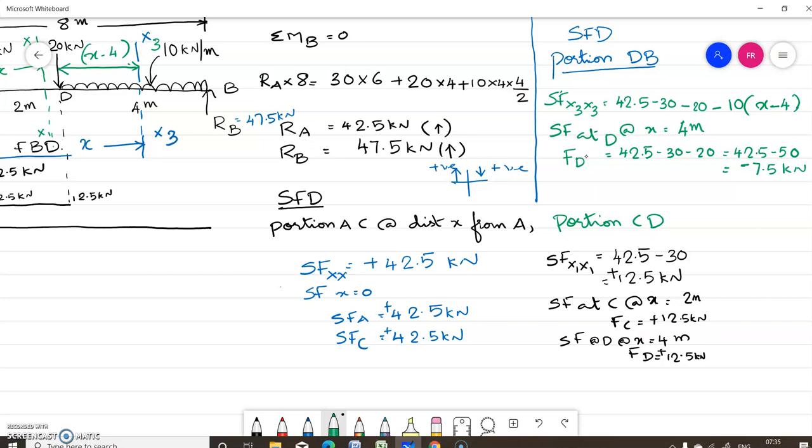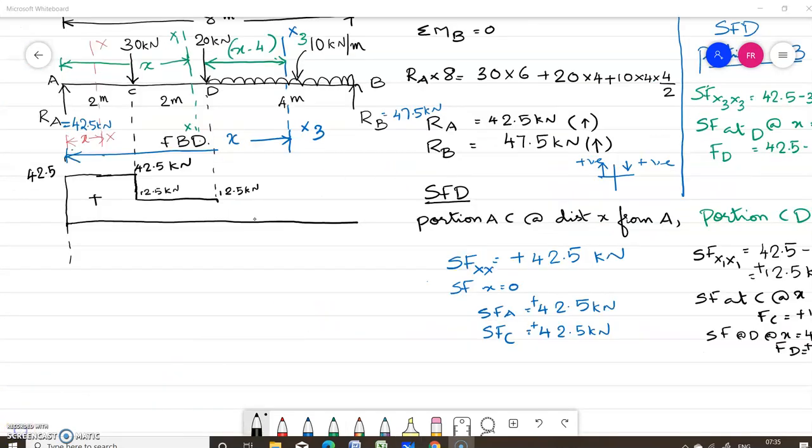That is the shear force at D. So we can draw the shear force diagram. Minus means we have to draw it below the baseline, which is this value, minus 7.5 kilonewton.